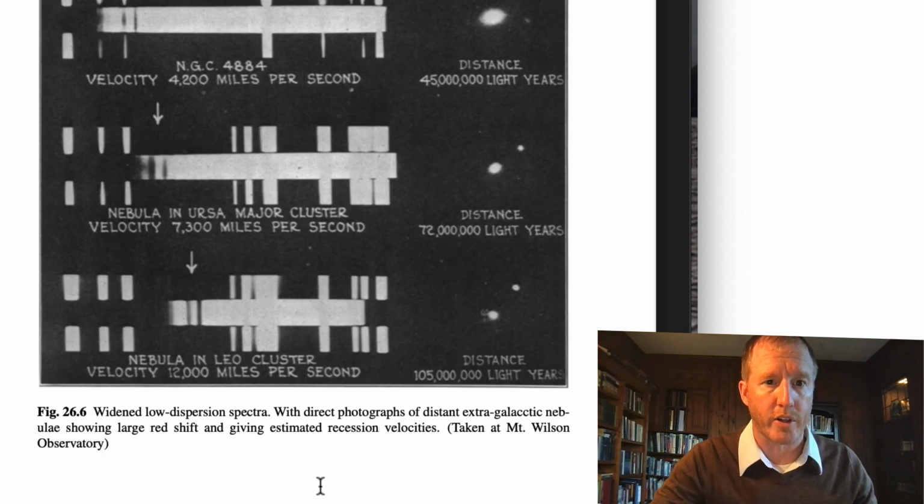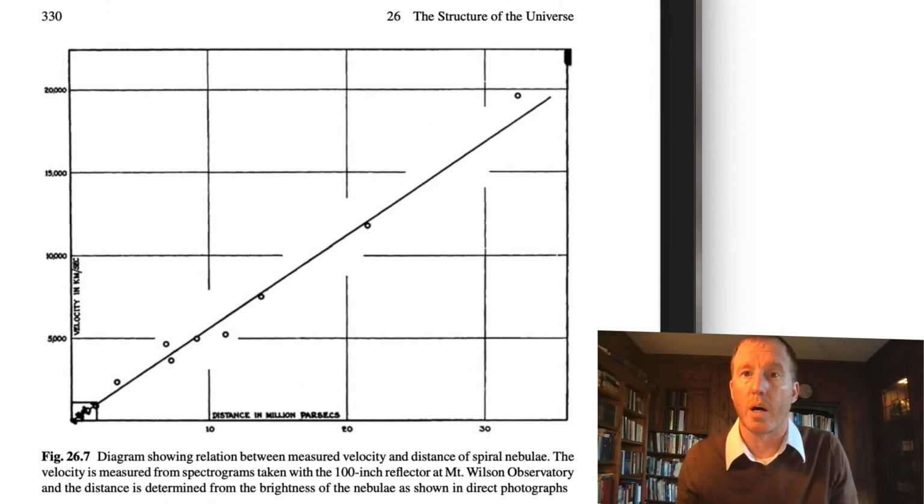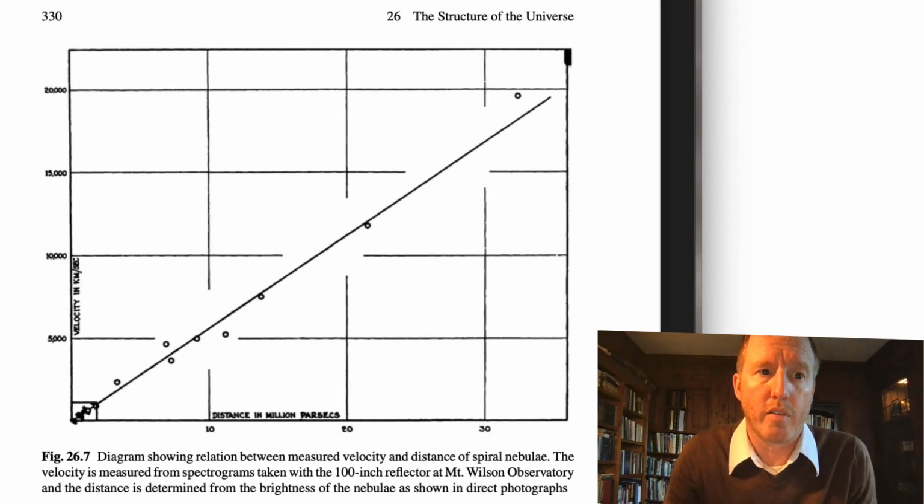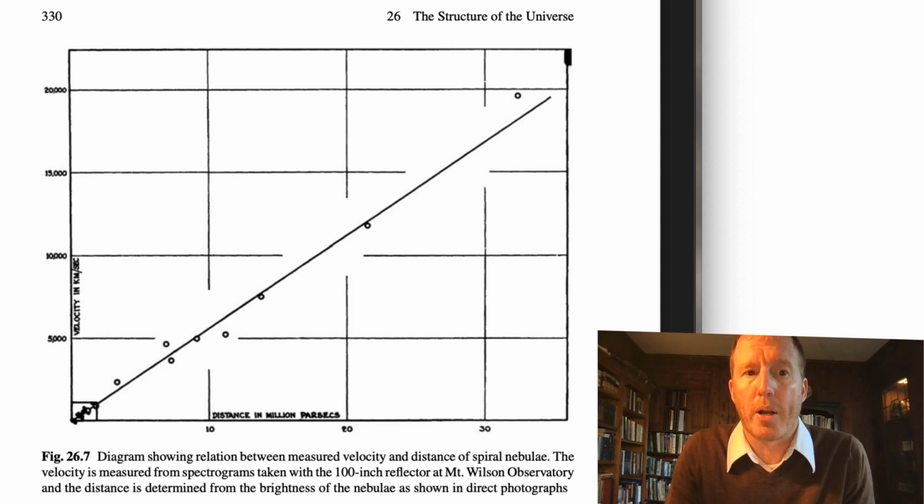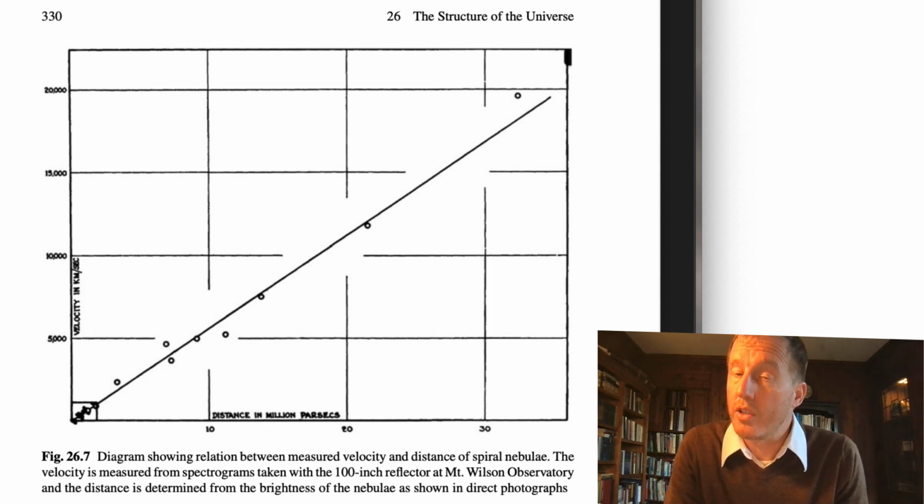So if we look at figure 26.7, this is Hubble's famous plot of the redshift compared to the distance. And notice that on the vertical axis, he's putting the velocity. What he's done is he said, well, redshifts, as I mentioned a few minutes ago, can be translated into velocities if we interpret them as a Doppler shift.